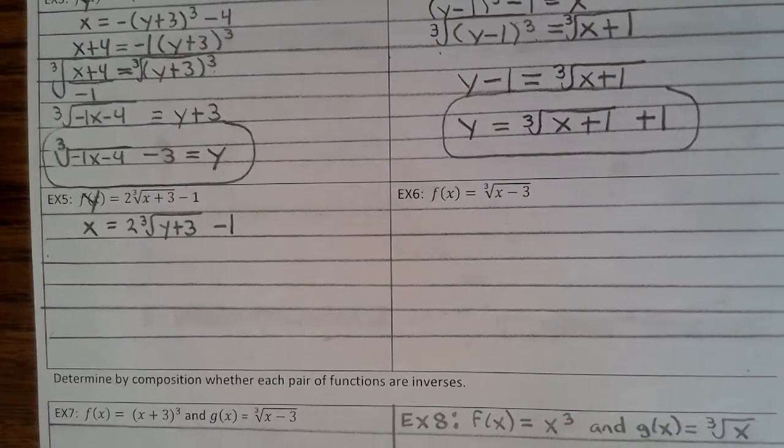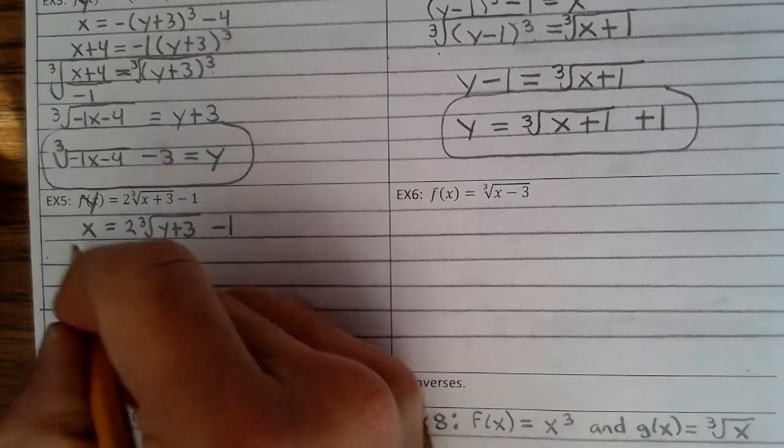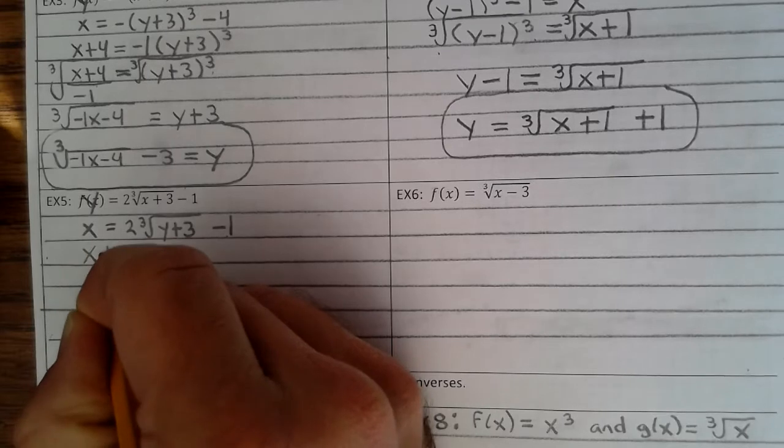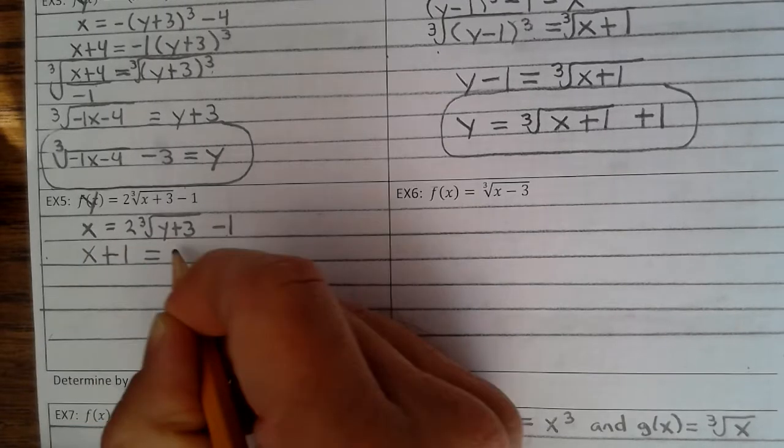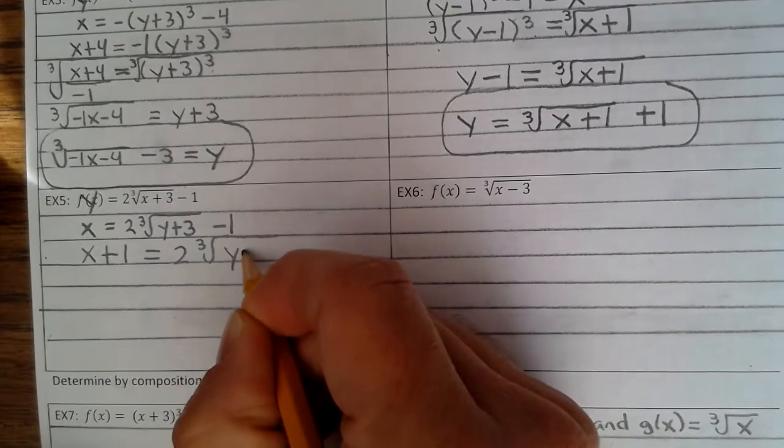Try to refocus this a little bit. All right, we're going to add 1 to both sides to get x plus 1 equals 2 cube root of (y plus 3).